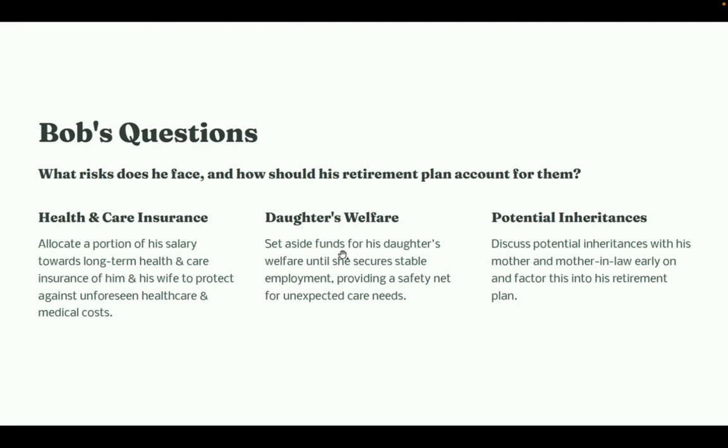The second is daughter's welfare. He should set some funds aside for his daughter's welfare until she secures some stable employment. Also, early discussions with his mother and mother-in-law about potential inheritances like house and other means can help him better plan his retirement.